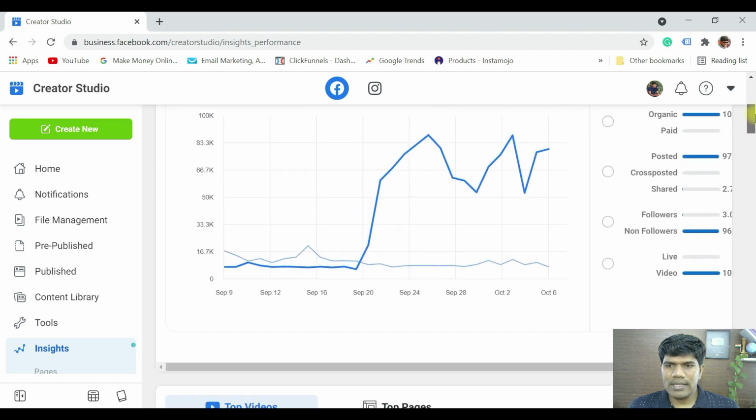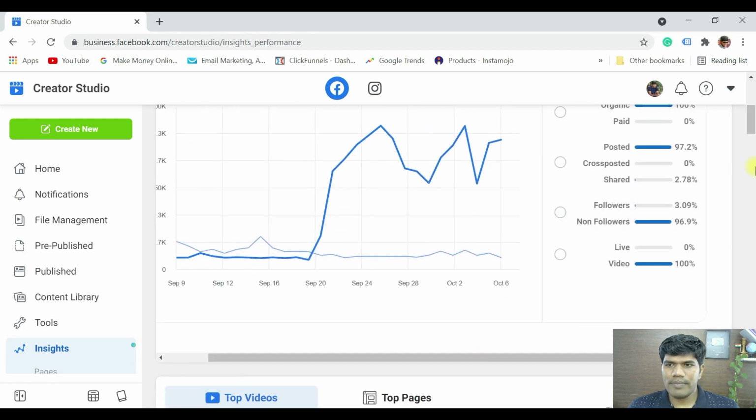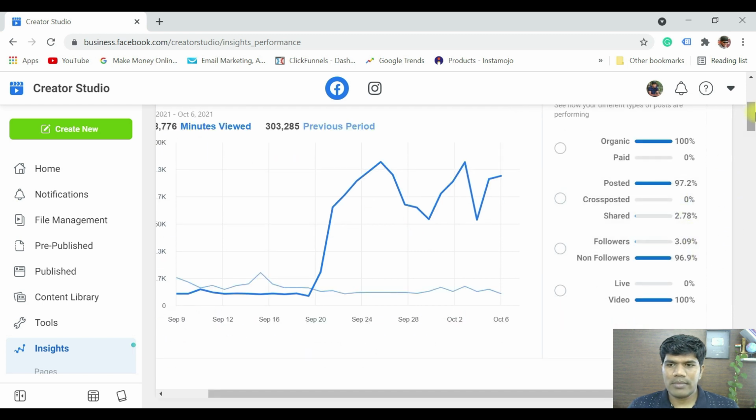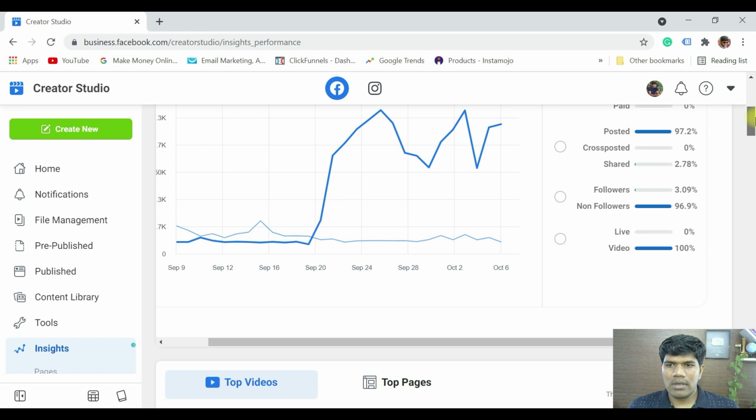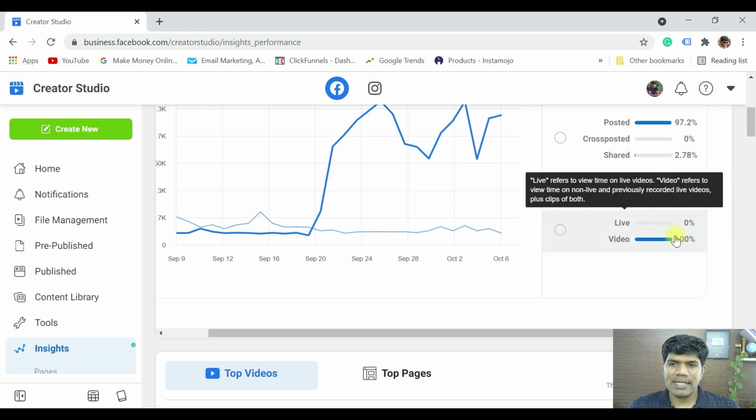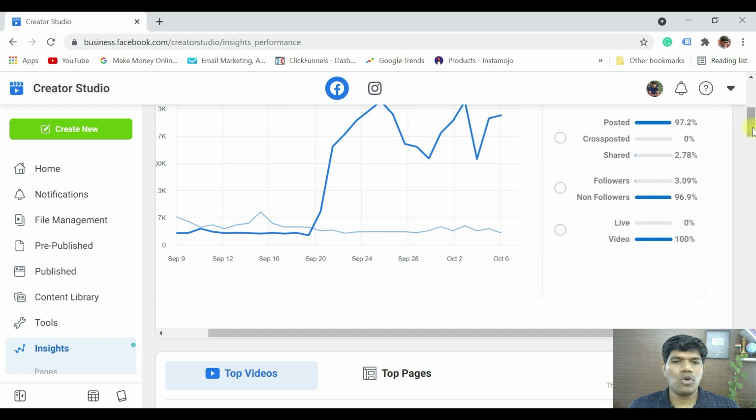Okay, so you can see here if I can just scroll, right? You can see here, shows how your different types of posts are performing. It's all organic, right? Again, the highest views are from non-followers, followers 3.9%, videos 100%, live 0%, because I really don't do any lives on this page.